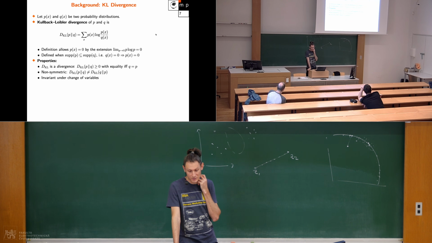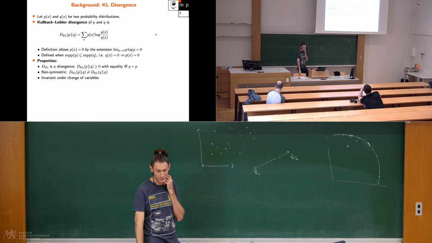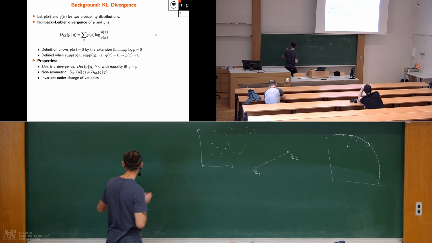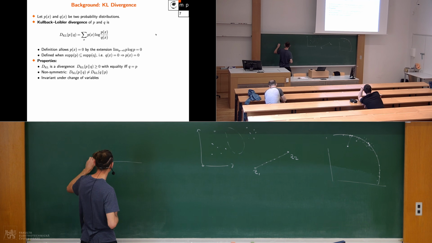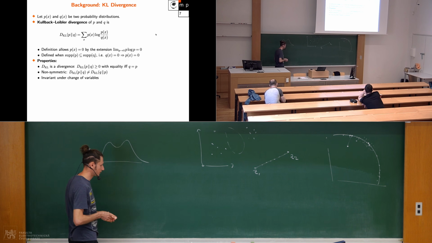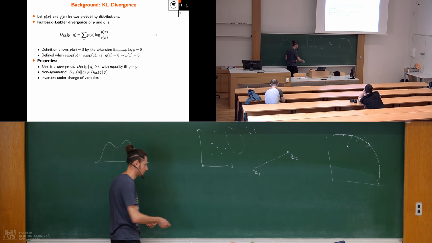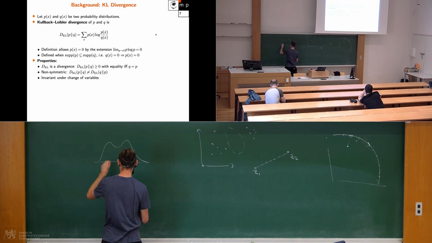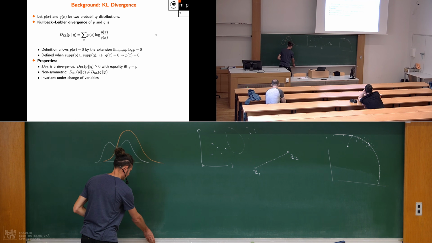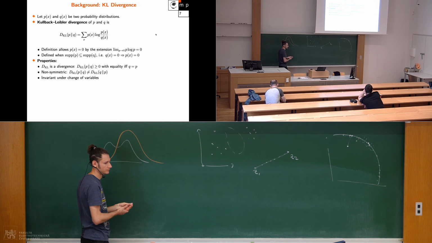We need to measure the discrepancy between two distributions, given by density functions. So if you have one distribution like this, and some other distribution like that, we need a good measure to tell how these two distributions are different.